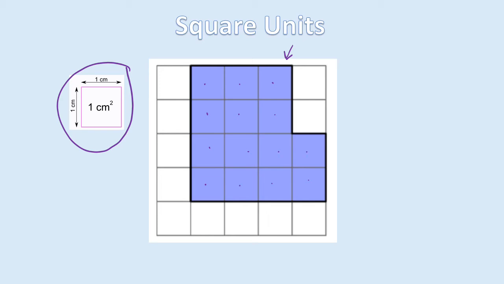This one has an area of 14 square centimeters. Now remember that way to write it, centimeters with the tiny 2 at the top, square centimeters. And you can see that it's very easy to calculate. We can just count them up.